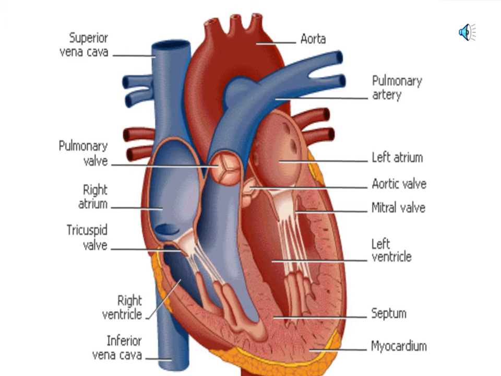It deals with the level of oxygen within the blood vessels. We have our superior vena cava, our inferior vena cava, our aortic arch with our brachiocephalic artery, our left common carotid artery, and then our left subclavian artery.